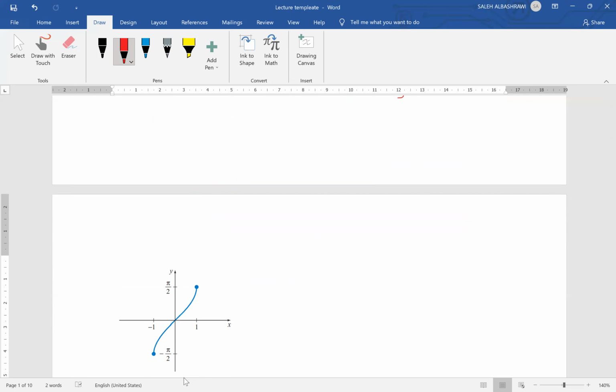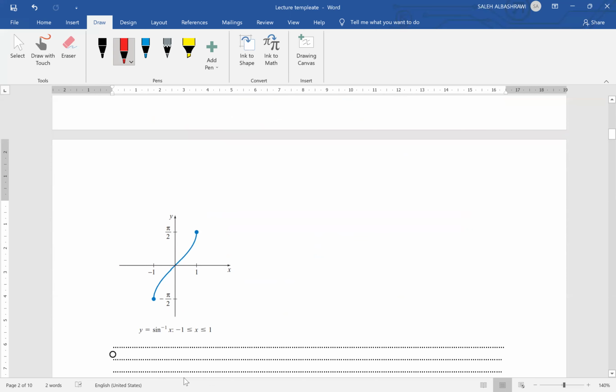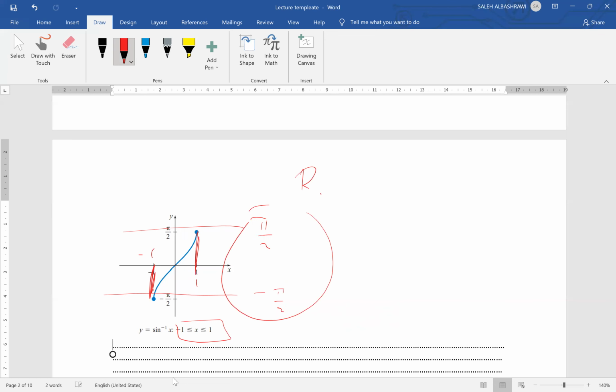This is the graph of y equal to sine inverse x, where x must be between minus 1 and 1, and y between minus pi over 2 and pi over 2. This is the range, and this is the domain.